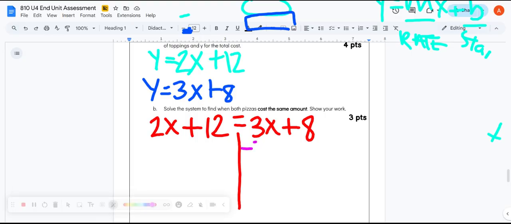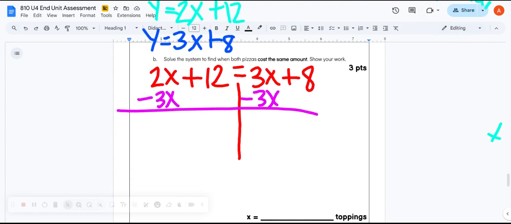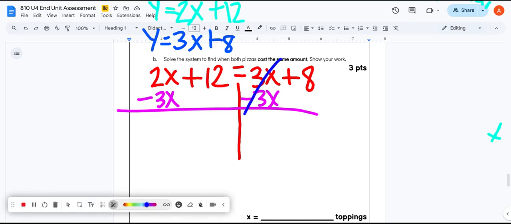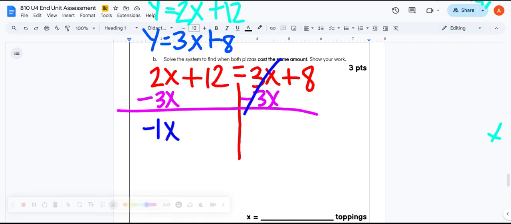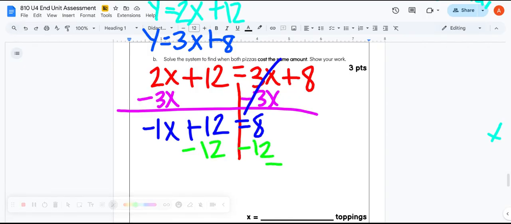So I'm going to go ahead and subtract 3x from both sides. When I subtract 3x from both sides, I cross off here, and I get negative 1x plus 12 equals 8. From here, we'll go ahead and subtract 12 from both sides.